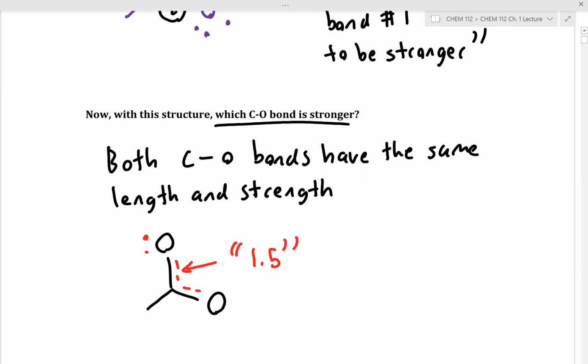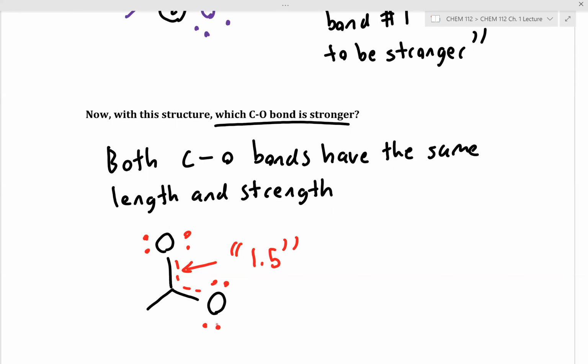So what are some takeaways from this? Our goal in this chapter is to rationalize why we observe this 1.5 bond in acetate, and why we observe these irregularities in bond length and bond strength. The key driver behind this is a phenomenon known as resonance, where the electron density found in our double bond is spread over multiple conjugated atoms.